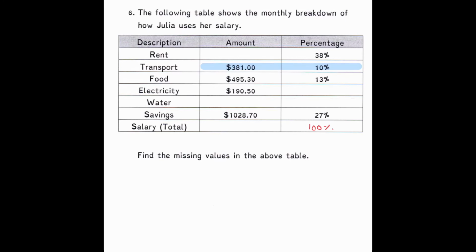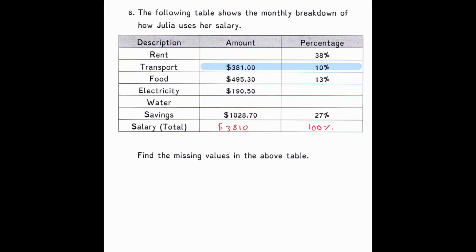So the same way, if I want my total, I can just times it by 10, and I get a total of 3810. Okay, so we've used that blue row to find the total.